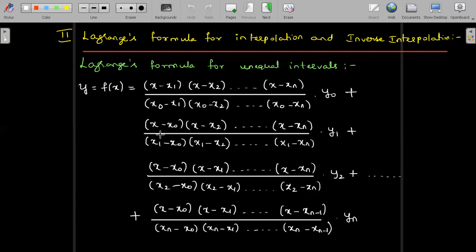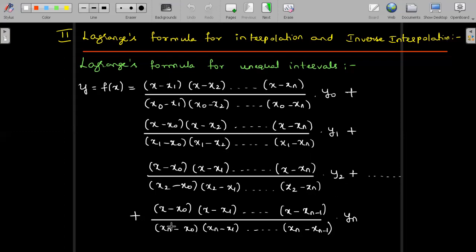Similarly, for the second term, in the numerator we skip x1, and each term in the denominator should be subtracted from x1. The multiplier should be y1. In the same manner for the third term, we observe that x2 is skipped, and the denominator should have each term subtracted from x2: x2 minus x0, x2 minus x1, etc. up to x2 minus xn, and hence the multiplier should be y2.